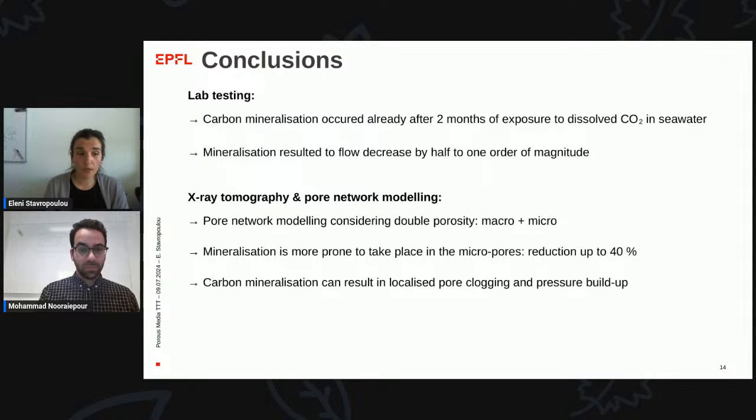And we found that mineralization is more prone to take place in the small pores, and this meant a reduction by up to 40%. Finally, these tools that we developed and used were able to prove that carbon mineralization can result in localized pore clogging and pressure buildup, which is something that, if we're trying to upscale, might be quite critical.